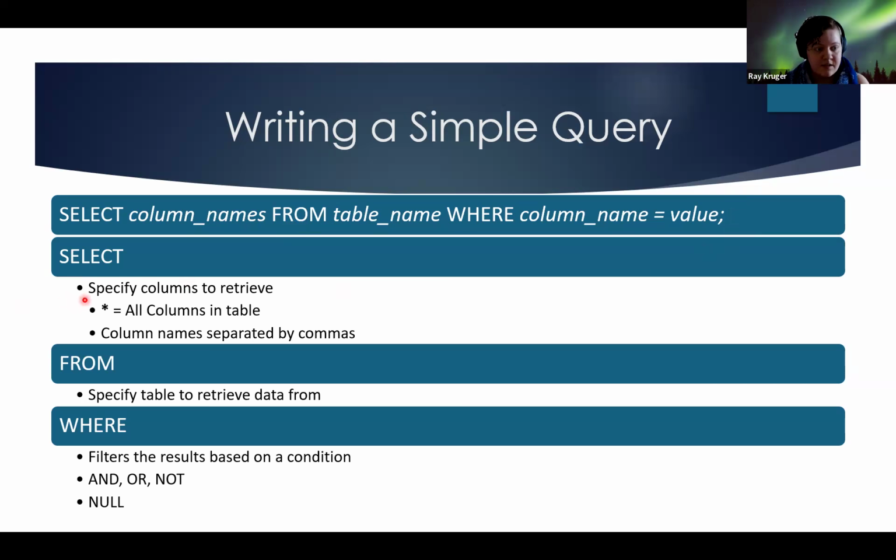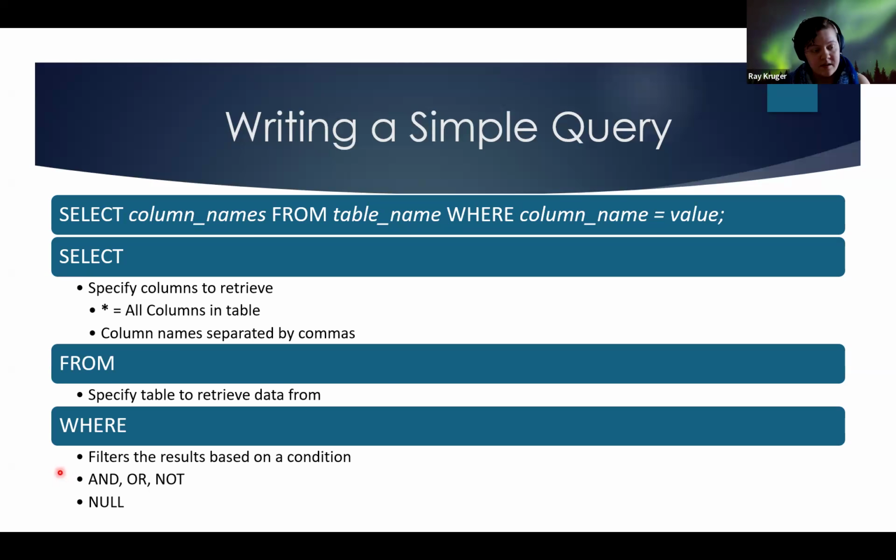For select, you can specify which columns, or you could put an asterisk, which denotes all of the columns in that table. And if you're going to put column names, then you separate them by commas. After from, that's just your table.